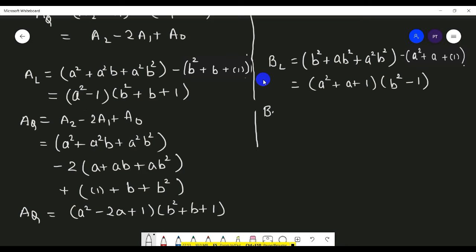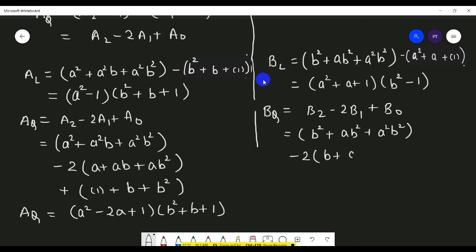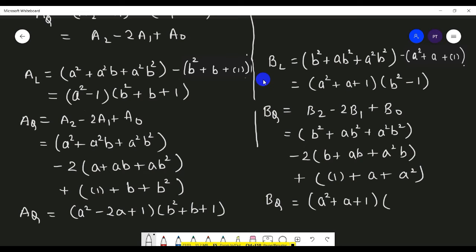Similarly, the quadratic effect of B will be B2 minus 2B1 plus B0, which will be equal to B square plus AB square plus A square B square minus 2 times B plus AB plus A square B, and plus 1 plus A plus A square, and this simplifies to A square plus A plus 1 into B square minus 2B plus 1.